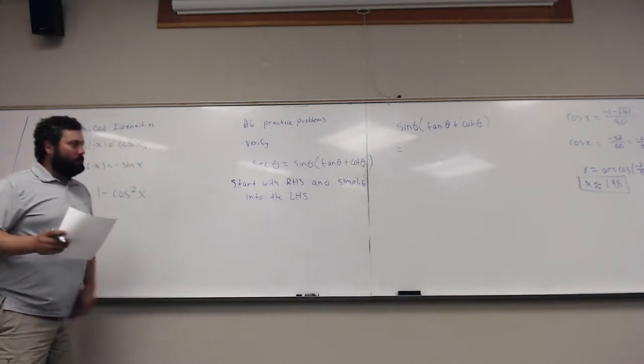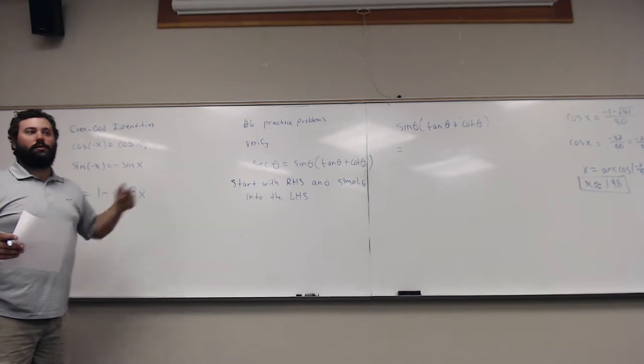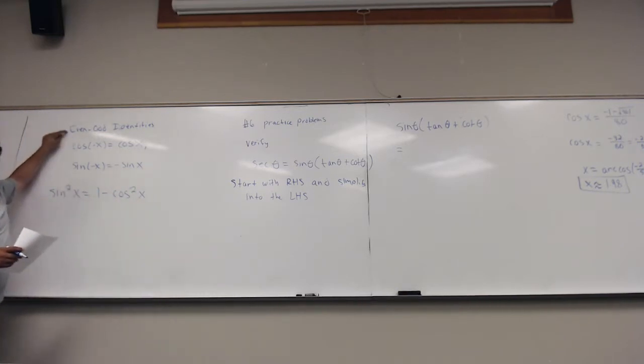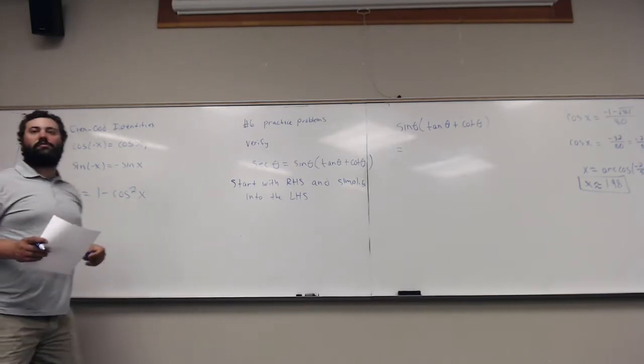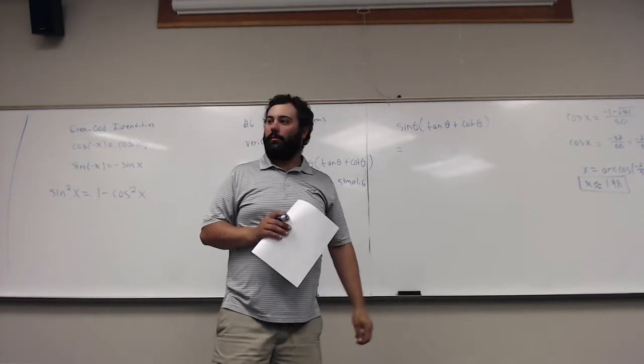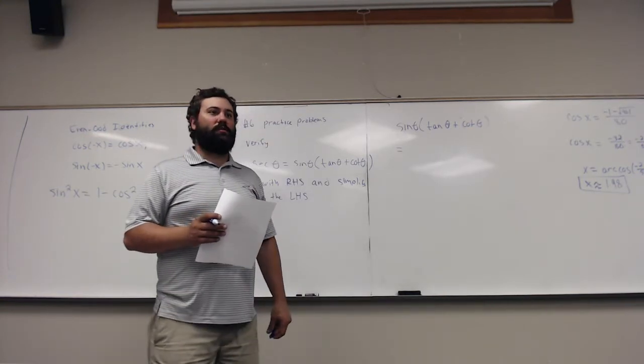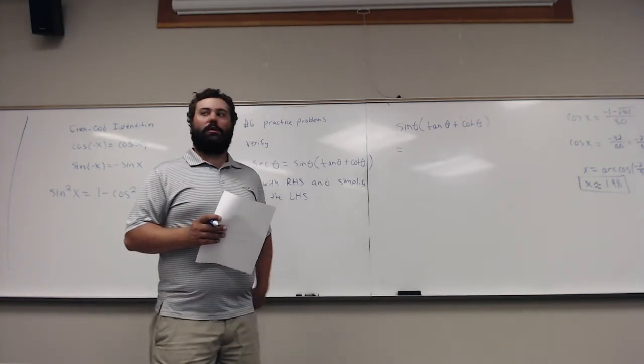Now, there's no negative angles, right? So there's no need to use any even-odd identities. Is anything being squared? No. So the Pythagorean identities probably aren't very helpful. Anybody maybe see any identities from that 6.1 worksheet that might work?